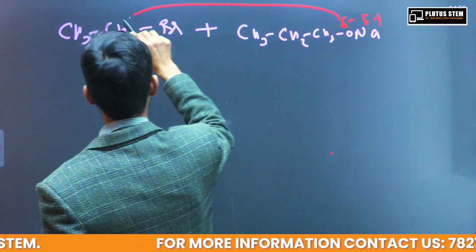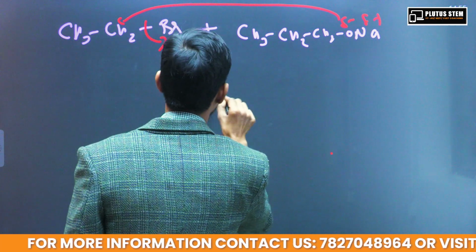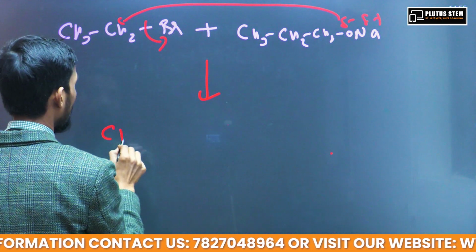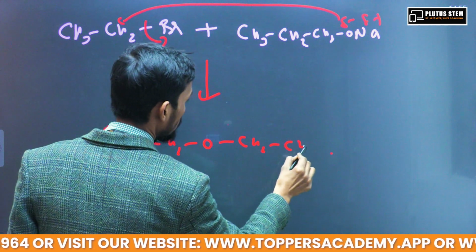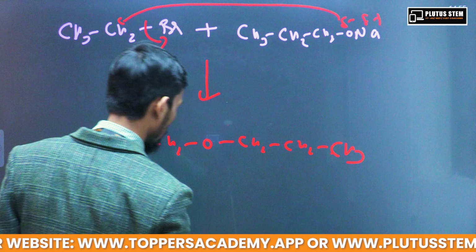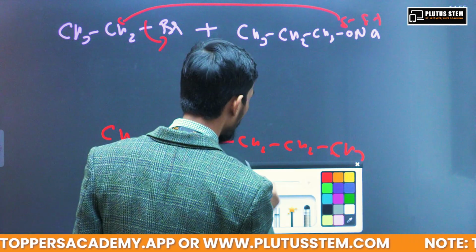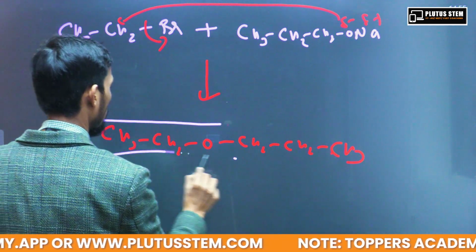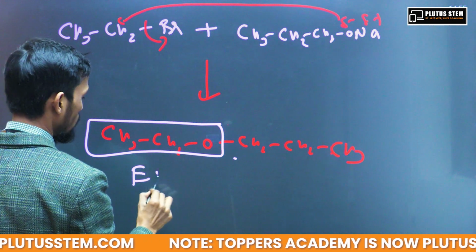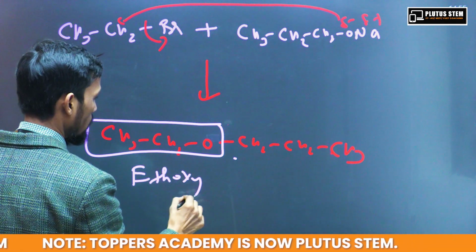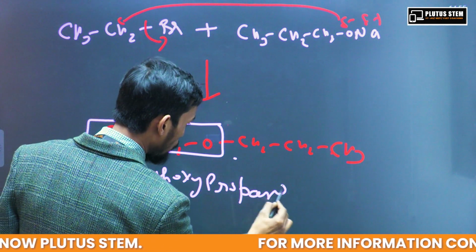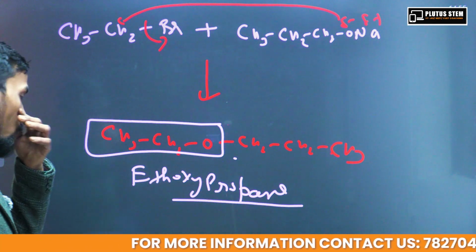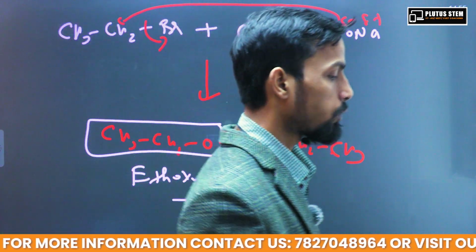So it will attack at this place and this will leave. So we are going to get CH3CH2OCH2CH2CH3. So in this we are going to get ethoxypropane. The compound which we are getting is ethoxypropane, an ether, formed over here.